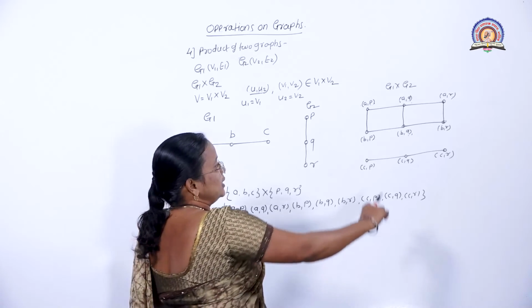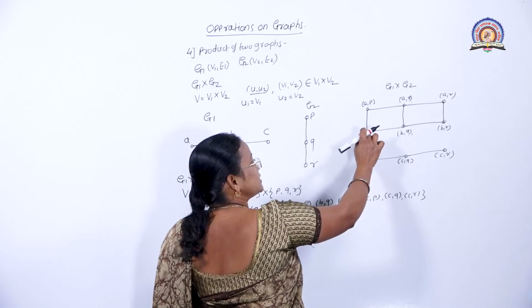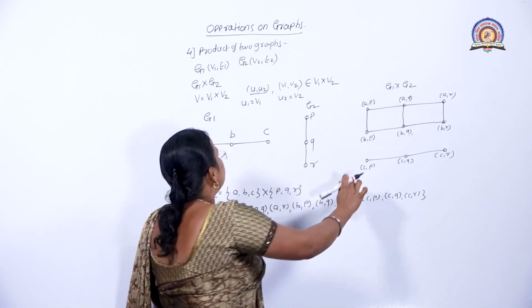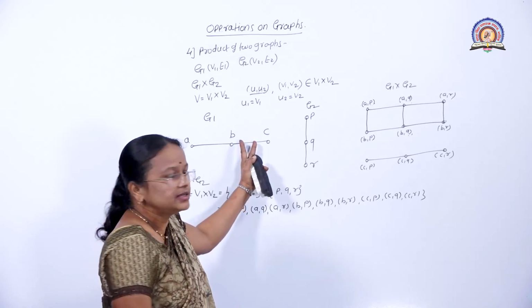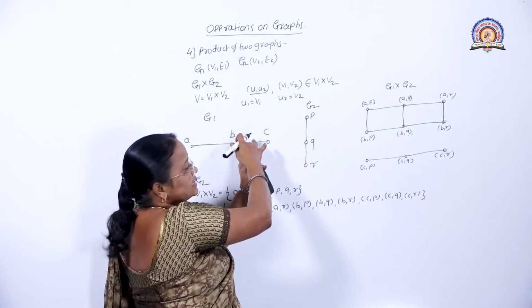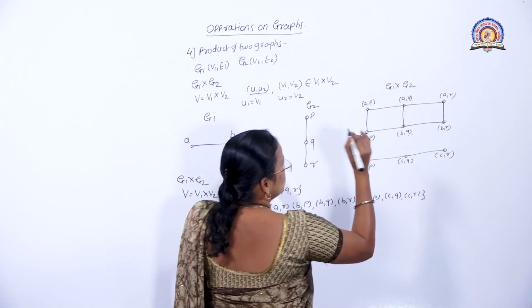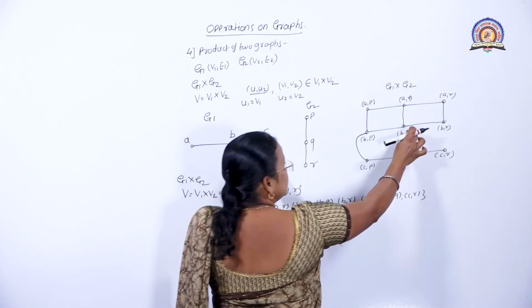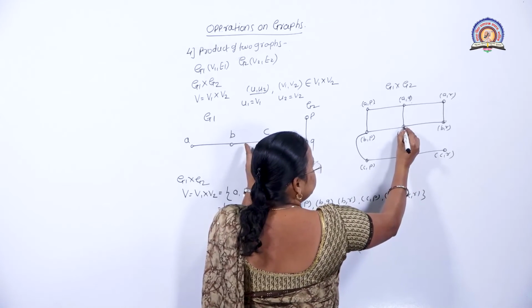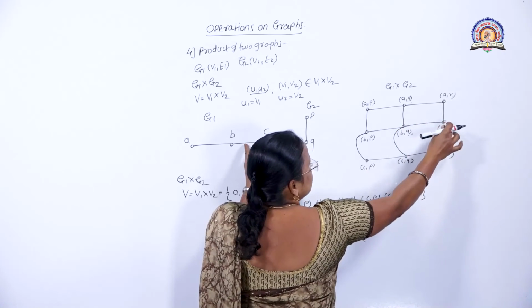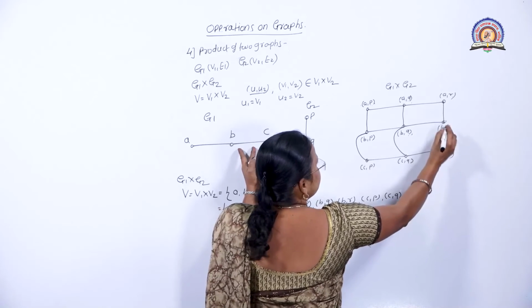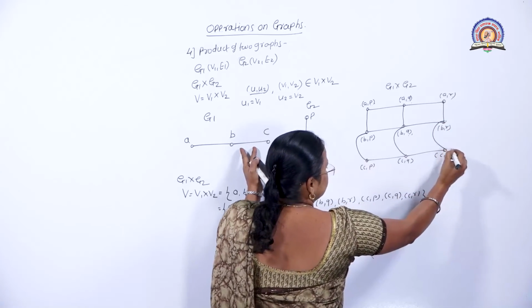Now again, P is fixed. Check whether B and C are adjacent in G1 or not. In G1 they are adjacent, so join them. Q is fixed, join B and C. R is fixed, B and C are adjacent in G1, join that.